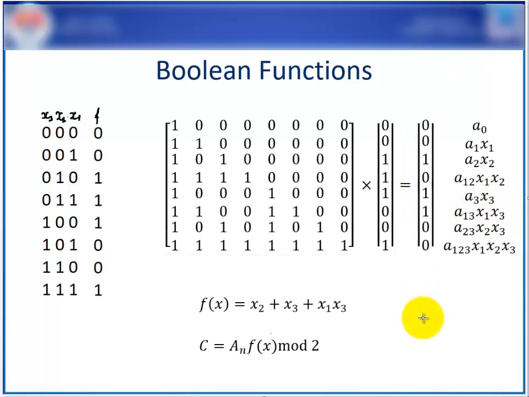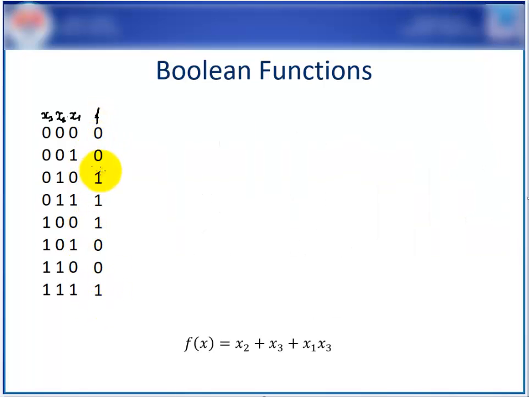So we obtained the same algebraic normal form from which we have calculated our truth table. The second method for calculation of algebraic normal form of a Boolean function from its truth table was by using the butterfly algorithm. As you remember, in the butterfly algorithm, we first need to consider two consecutive bits.